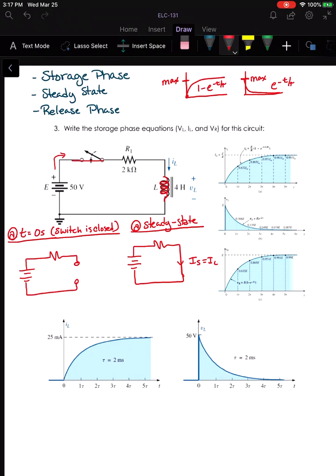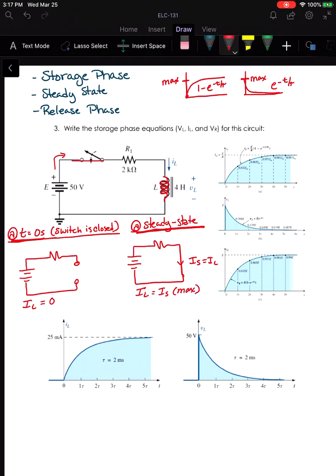So let's look at what's going on from the time we close the switch, t equals 0, to the steady state. Let's first look at the current through the inductor. I sub L is the inductor current. At t equals 0, that inductor current is 0. And once we reach steady state, I sub L becomes I sub S, which is the maximum current that we're going to see.